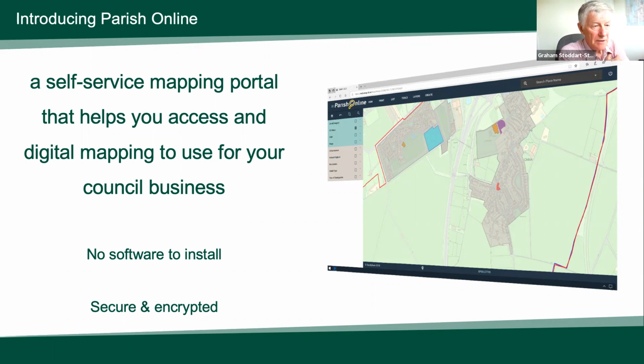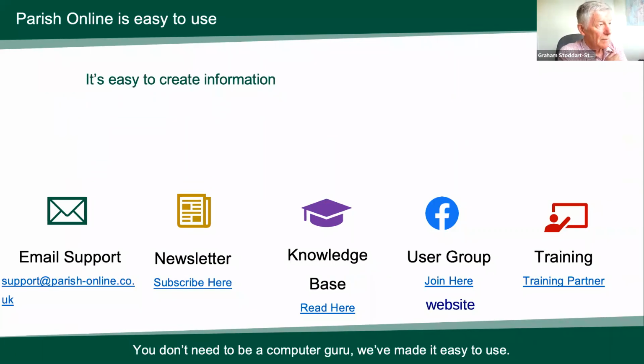And the idea is to give you digital mapping that you can use to make things a lot clearer for your council business. So it's very easy to use, but there's an initial learning curve that we'll get over today. But once you've got the hang of that, I think you find it very straightforward. But should you need help, there's lots of it available. So there's all these options.